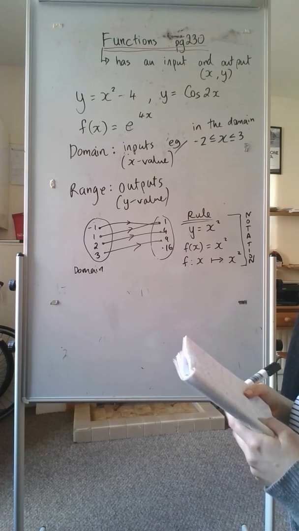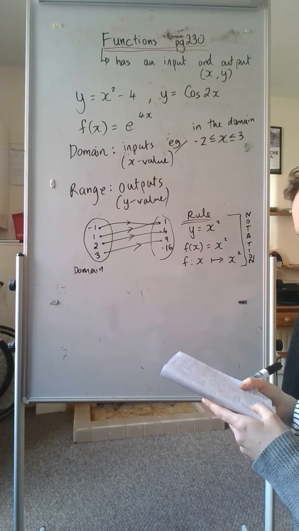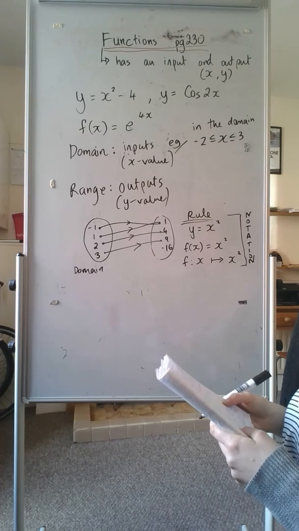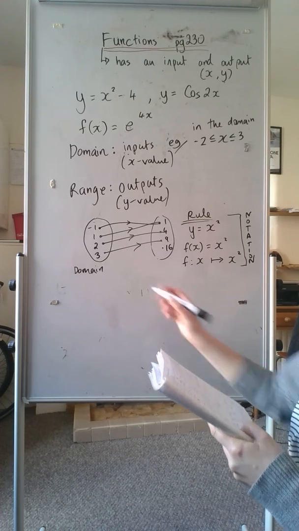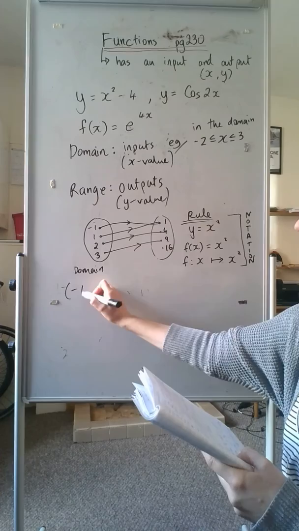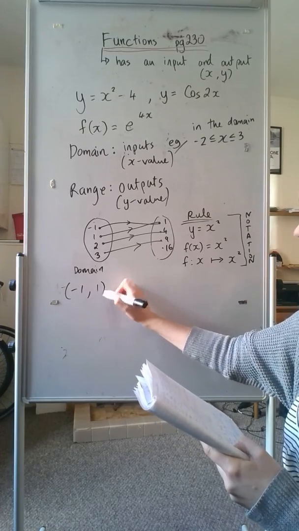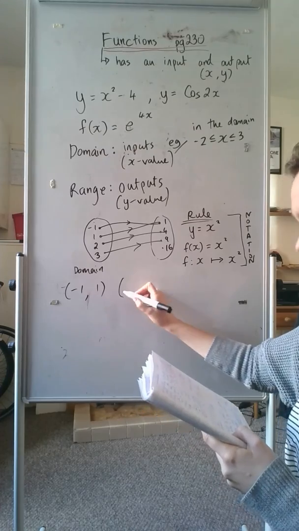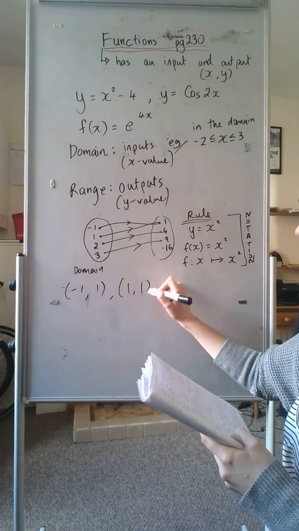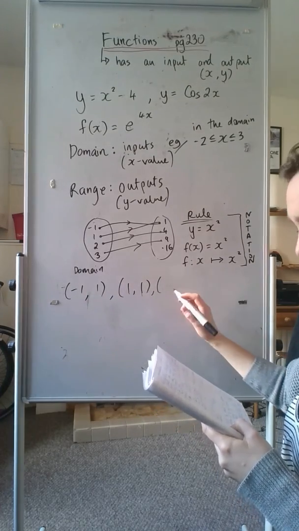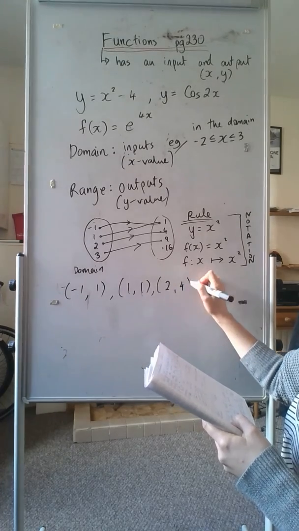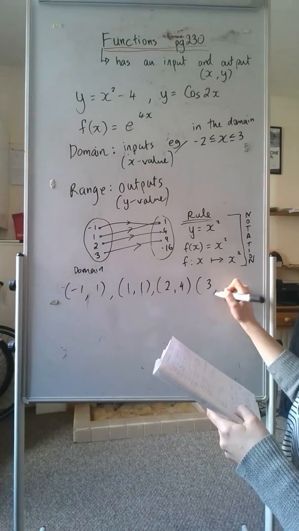Okay, so the couples here, so when you are doing functions, you've couples. So your couples here, if you write them down, would be minus 1, 1. You'd have 1, 1. You have 2, 4. And you have 3, 9.